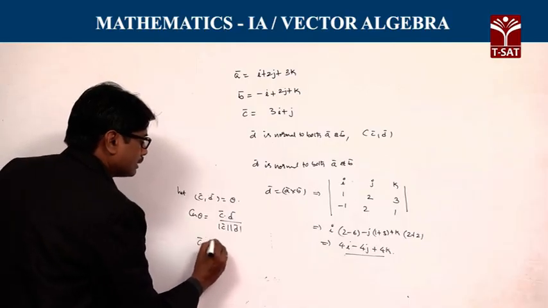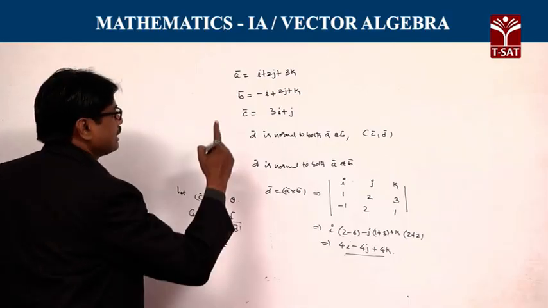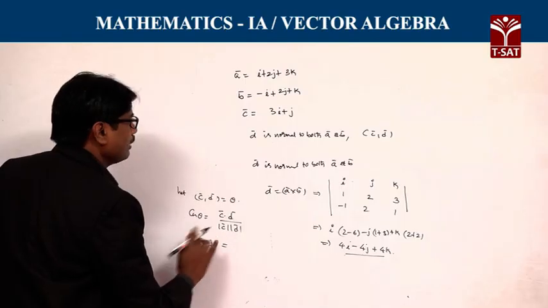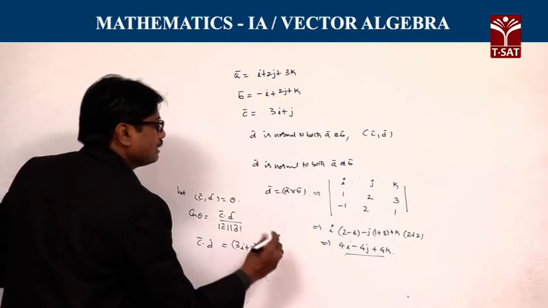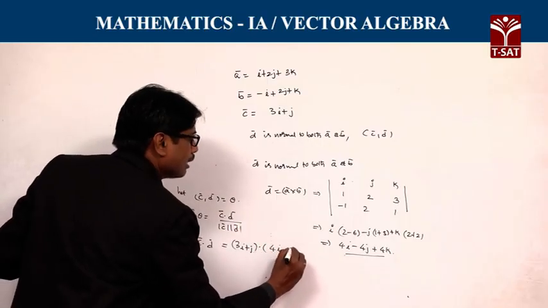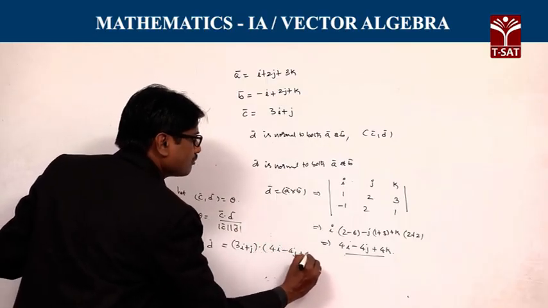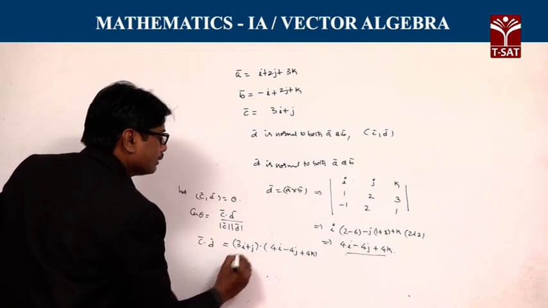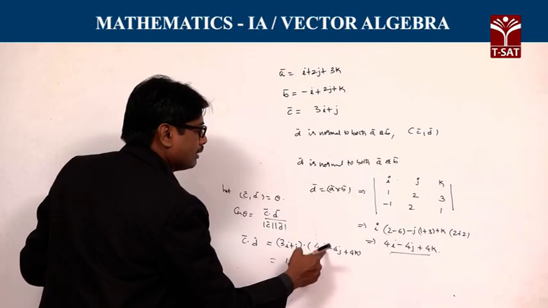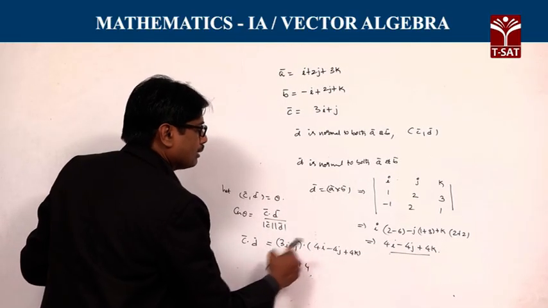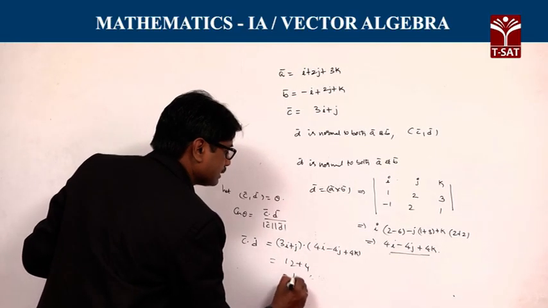C bar is given by 3 times of i bar plus j bar, and the dot product with d bar, 4 times of i bar, 4 times of j bar, 4 times of k bar, is nothing but 12 plus 4, a1 b1 plus a2 b2, which is 16.